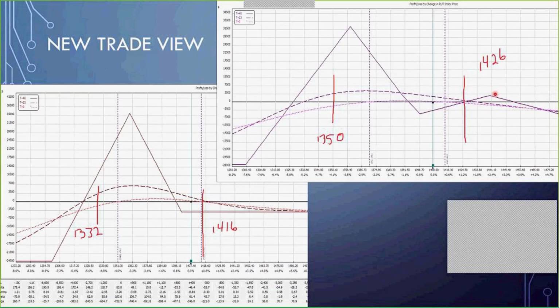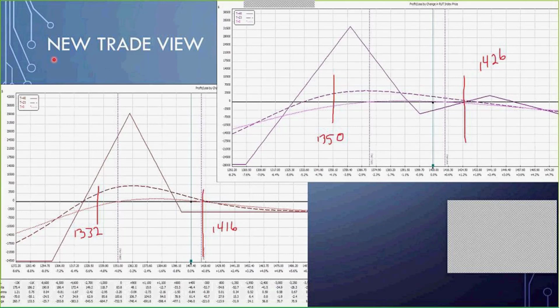It kind of starts looking like a rhino, with a rhino horn. But all the trade system is actually doing is taking this trade that has no potential for profit up here, and putting some potential profit up there. So now instead of your 2-to-1 being at 1416, your 2-to-1 is now at 1426.